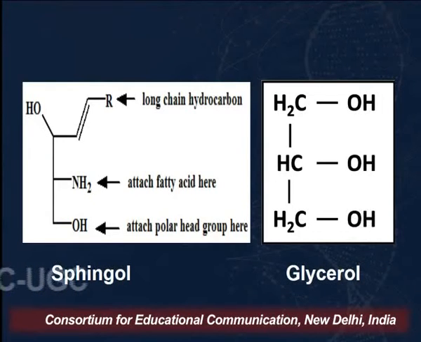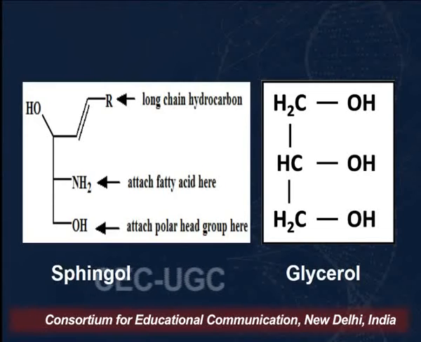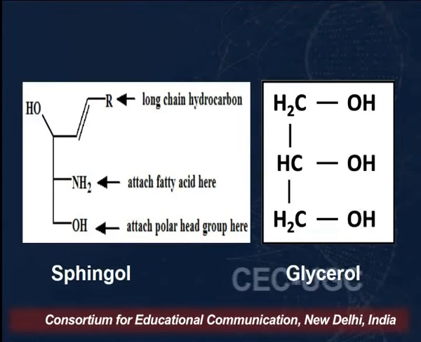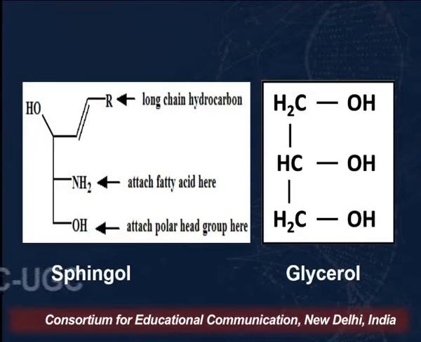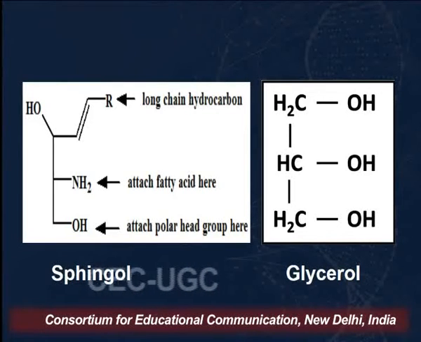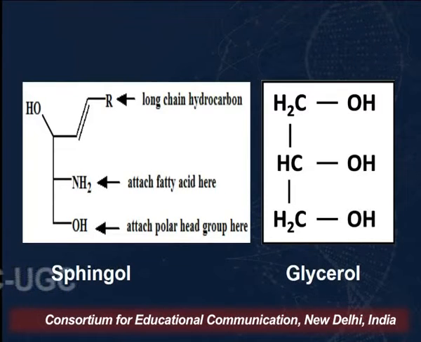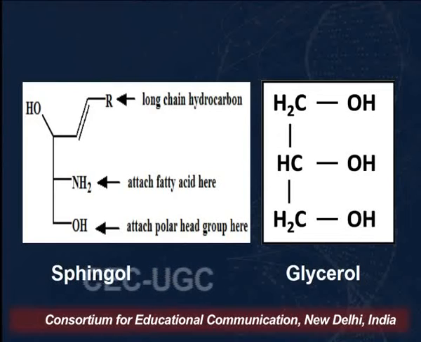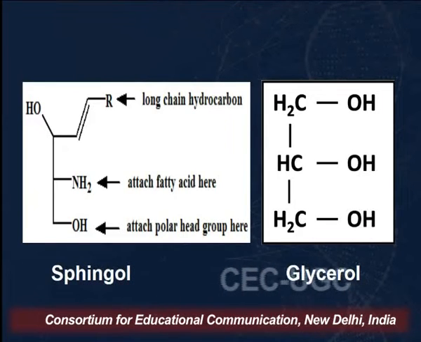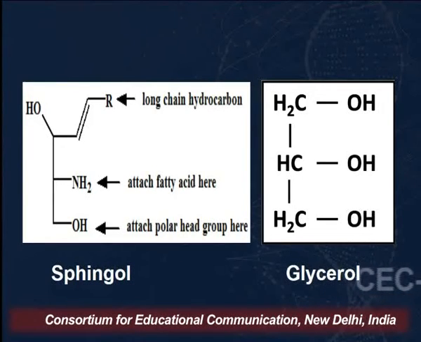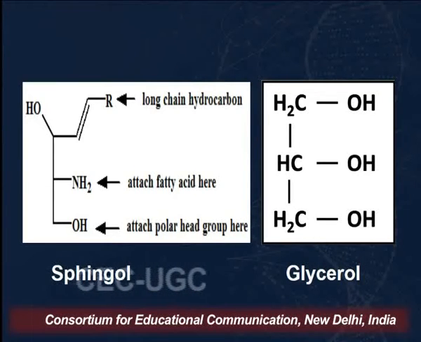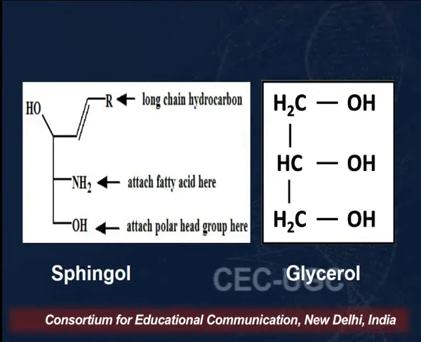In sphingolipids, the backbone alcohol molecule is sphingol, and this molecule has an amino group along with two hydroxyl groups, and it has a very long side chain, which is unsaturated. And if we talk of glycerol, then in glycerol we have three hydroxyl groups. So when we have three hydroxyl groups, all these three hydroxyl groups are active.